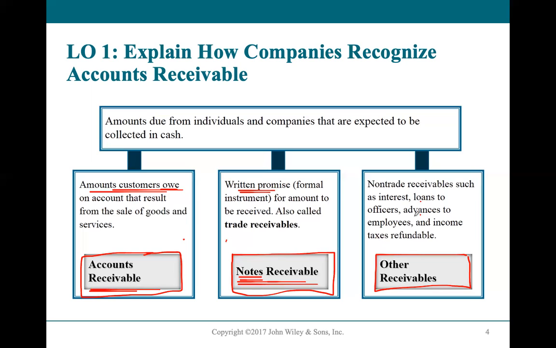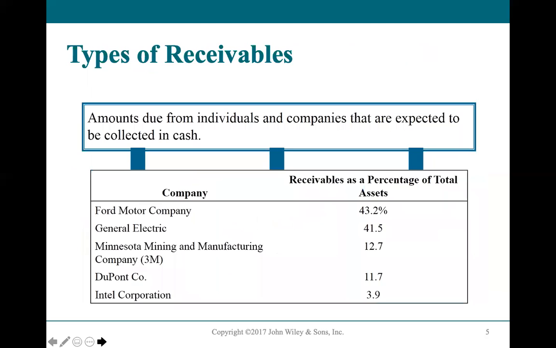You'll see a lot of different receivables that we call non-trade receivables, because they have nothing to do with us selling a good or a service, which is why accounts and notes receivable are also called trade receivables, because we're trading a good or a service in exchange for that payment at a later date. Okay, so just some interesting things there.